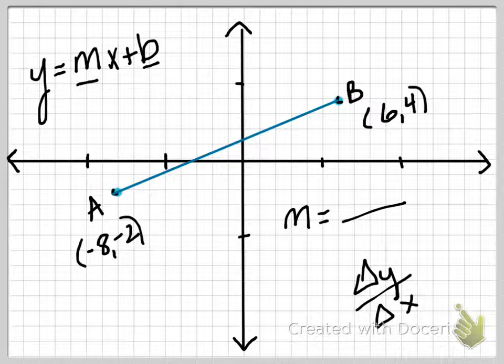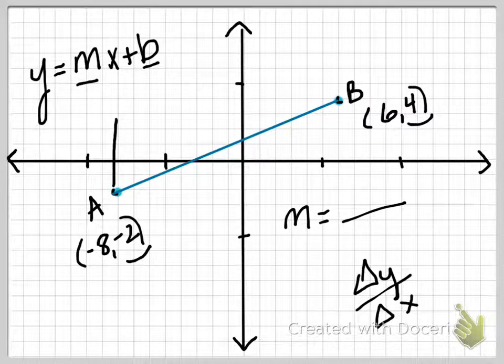So let's take a look at what our change in y is. Let's say we started at point A. It makes sense to start at the bottom and move up. We started at a y coordinate of -2, and we moved to a y coordinate of 4. So what was the change? To go from -2 to 4, how far up do you have to go?